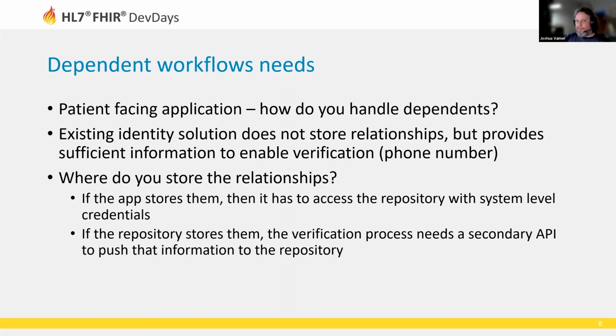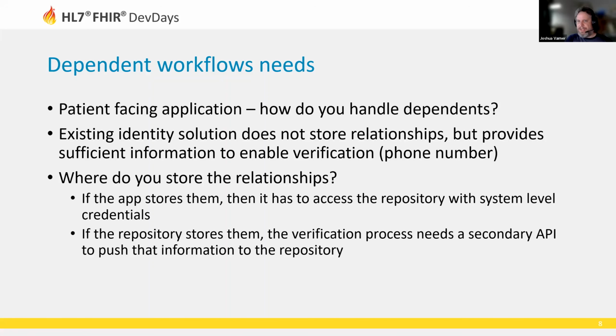But you then need to store those relationships somewhere, and there are kind of three options. Clearly, the one I don't list is that if the identity solution has that information, you can query it there. If the application stores them, then it has to access the repository with system-level credentials.